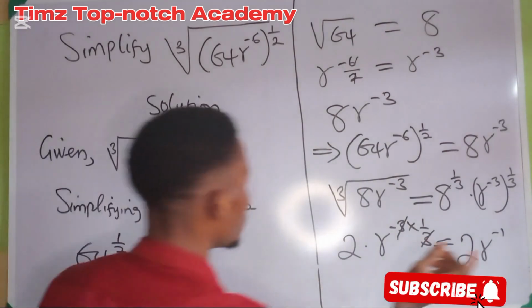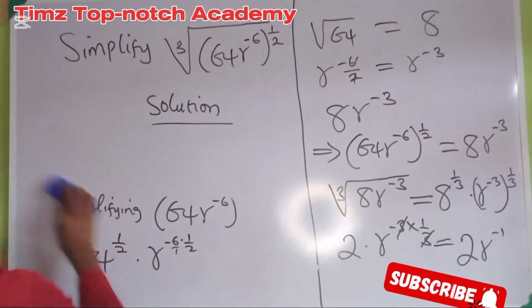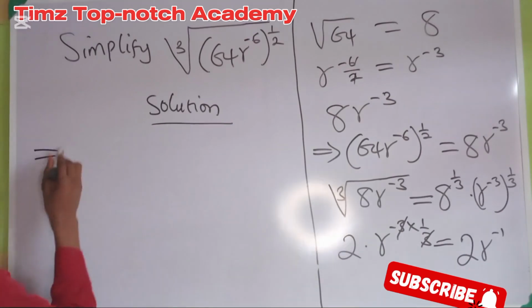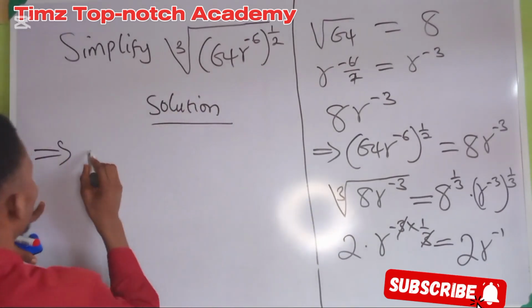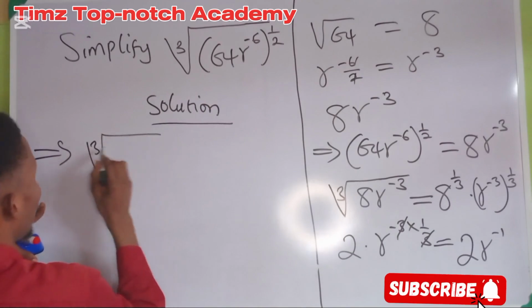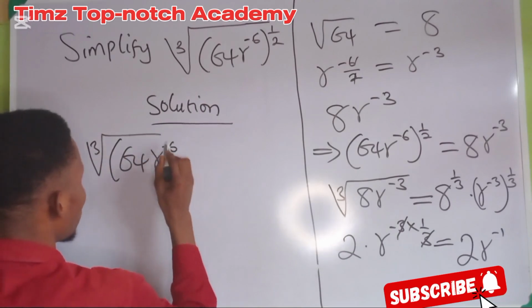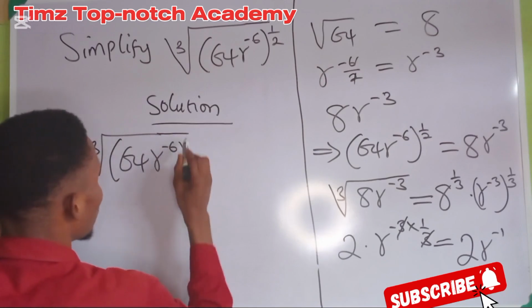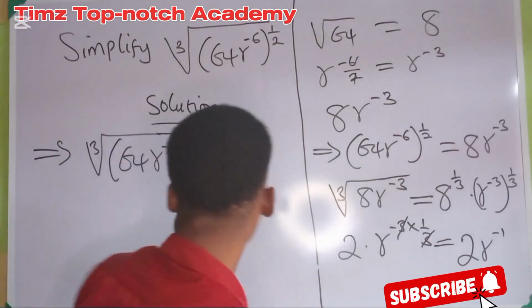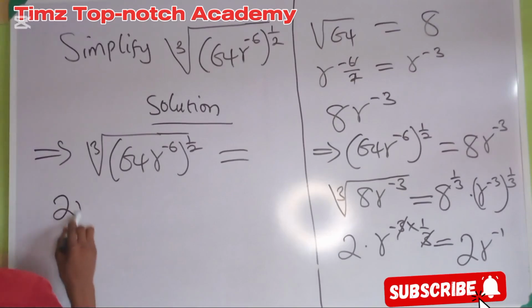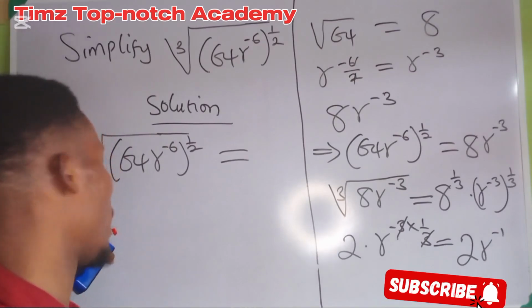So if we now continue, this implies that the cube root of 64 r raised to the power minus 6, all raised to the power half, is equal to 2r raised to the power minus 1. You can apply the negative index law here.